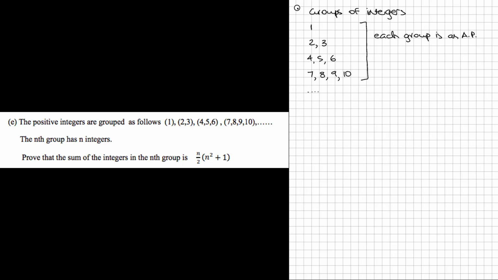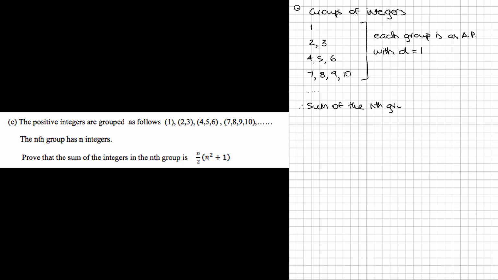Whilst they each have a different starting term, a different a, they all have the same difference because they're all going up by just 1. So each group is an AP with d equal to 1, and the number of terms being whatever number group it is.